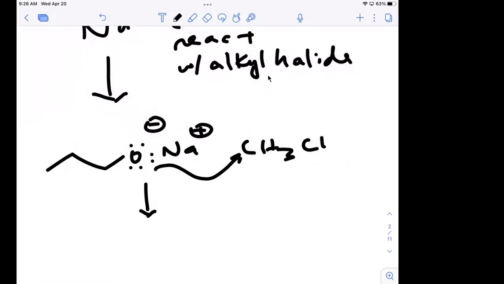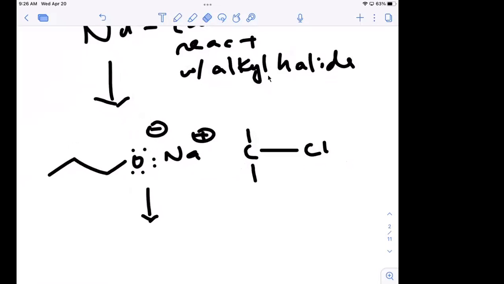This is coming here. Let me write it out. So this is going to give a pair of electrons here and kick off chlorine as the leaving group.